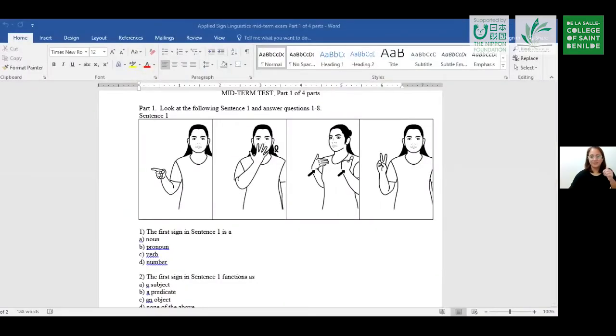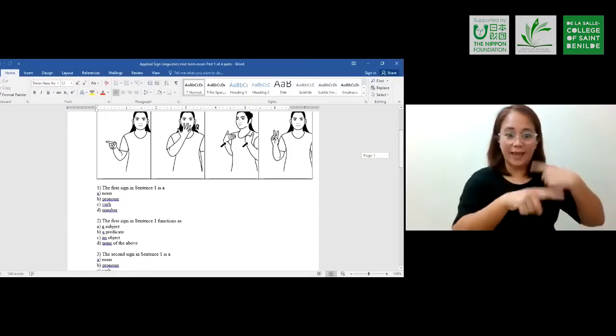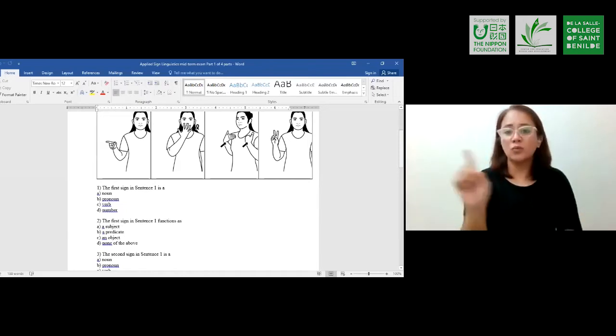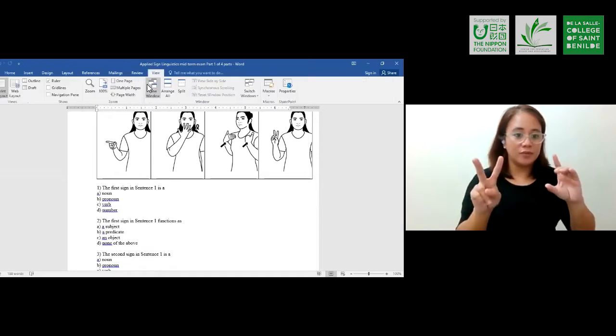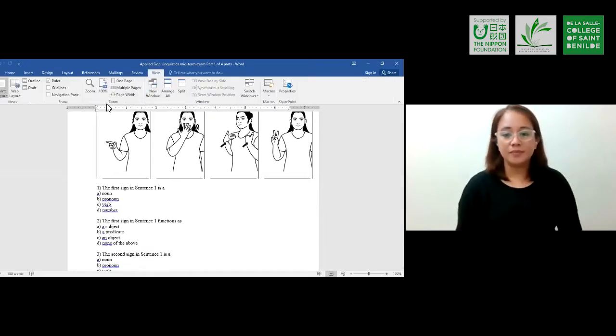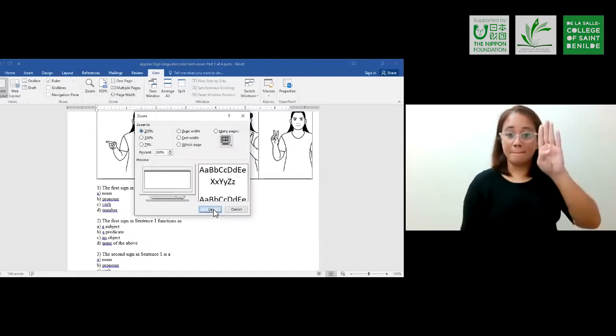Okay, so number 1, the first sign in sentence 1 is what? A, a noun, B, a pronoun, C, a verb, D, a number. B. B as in boy, yes, a pronoun.